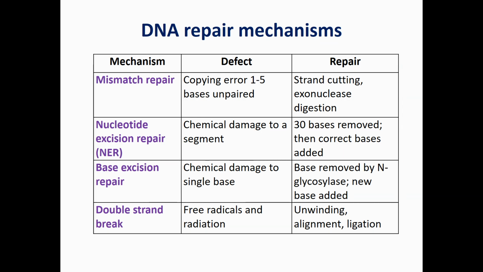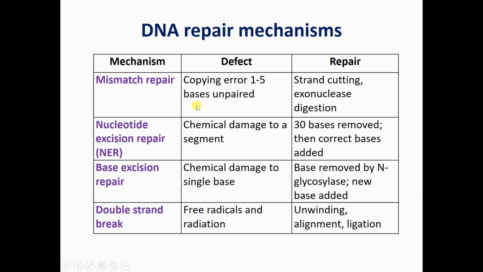So these are mainly the DNA repair mechanisms. Mismatch repair. The defect is a copying error, where around 1 to 5 bases may be unpaired, sometimes 1, 2, 3, 4 or 5. So what happens in that condition? First methylation occurs in the template strand, then three proteins, MutS, MutH and MutL, will come.